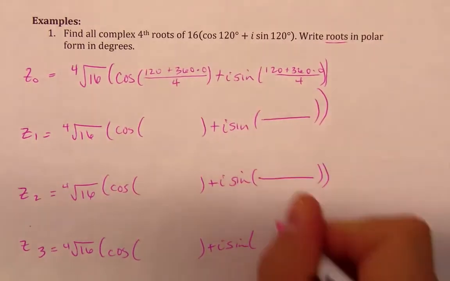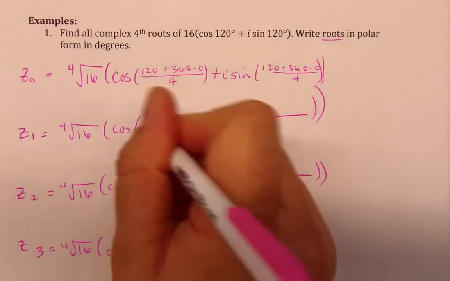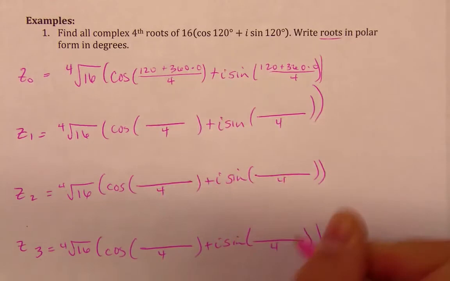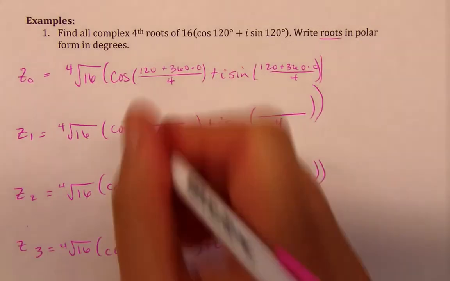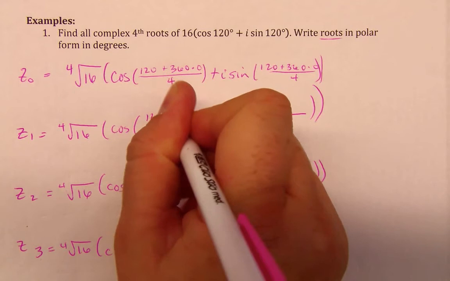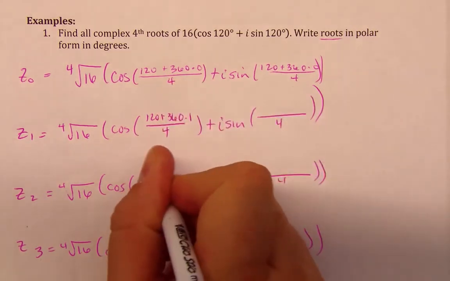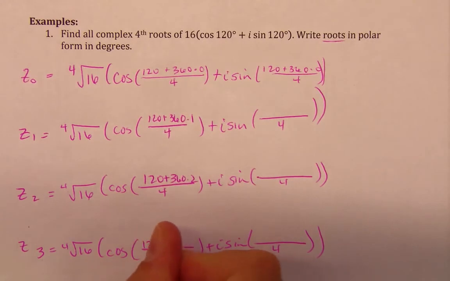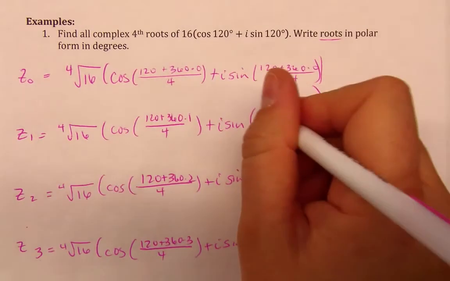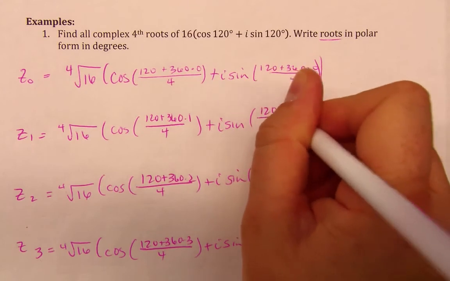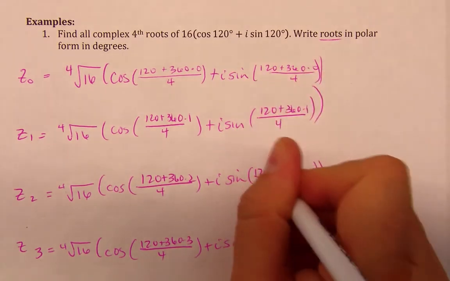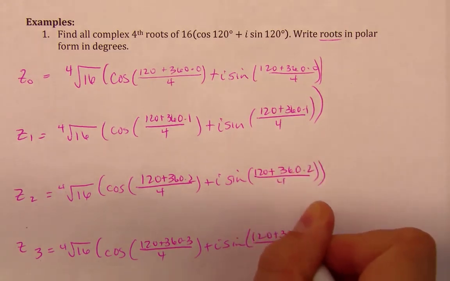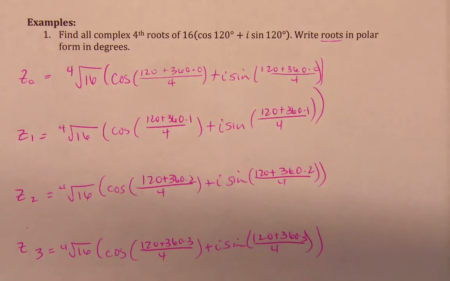So we're dividing all of them by 4. And inside we're doing 120 plus 360 times 1, 120 plus 360 times 2, and 120 plus 360 times 3, and then the same thing over here. And now we're just going to evaluate these.